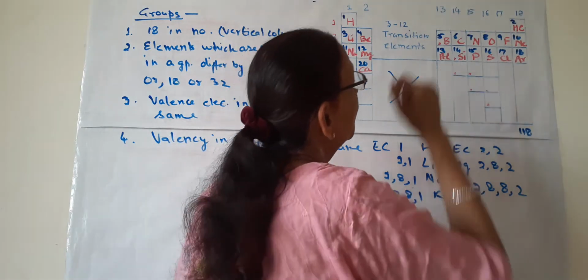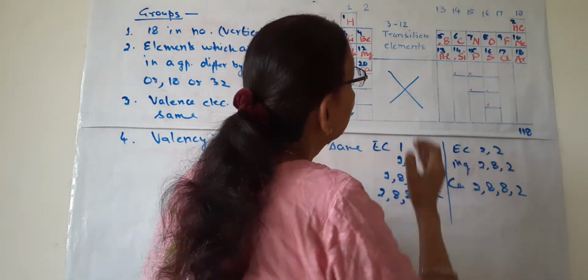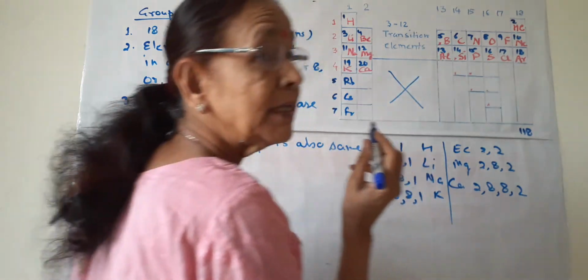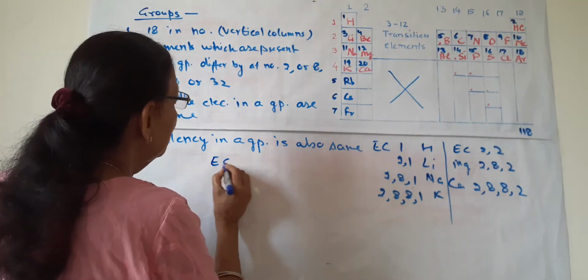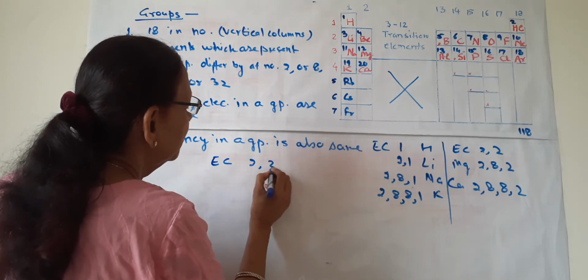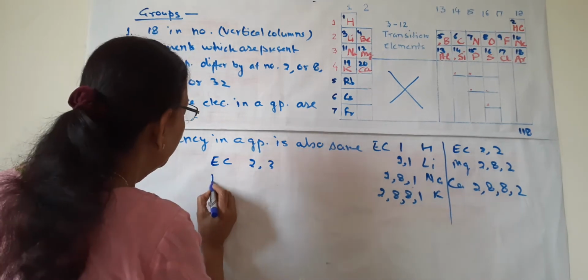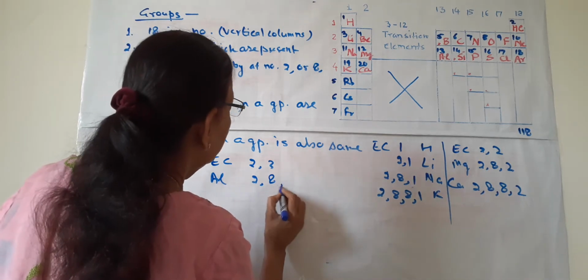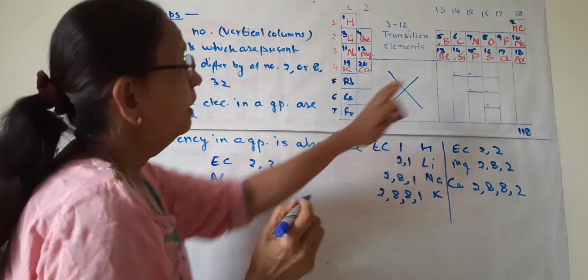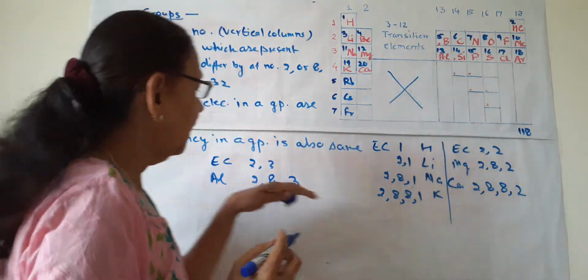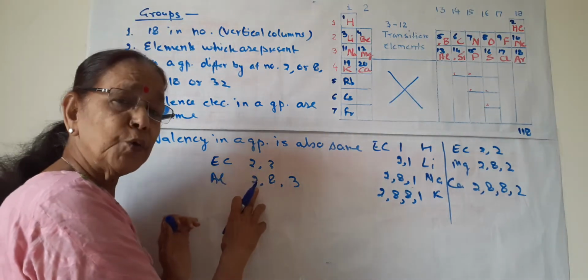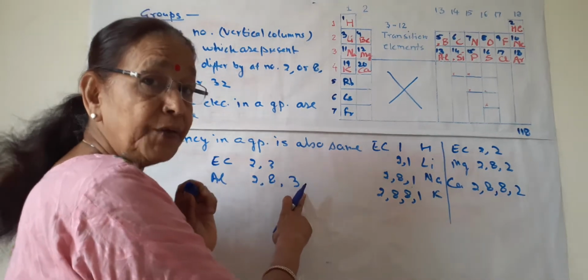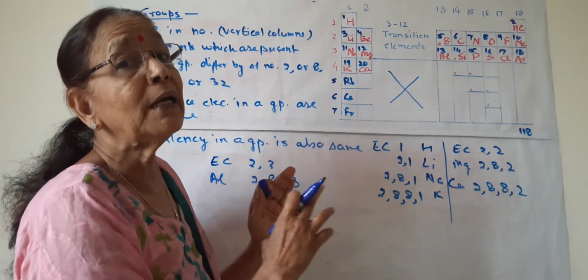Now coming to group 13. Boron has atomic number 5, so the EC of boron will be 2, 3. The EC of aluminium will be 2, 8, 3, as the atomic number is 13. In the first shell 2 will be there, in the second 8 will be there, and in the third 18 could be there if it is not the last shell.